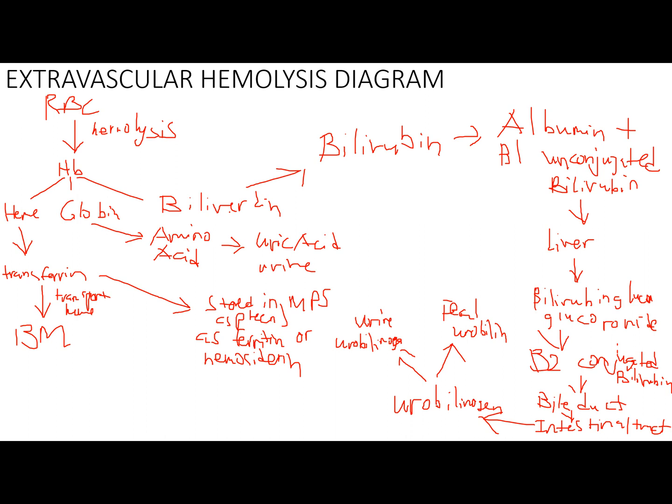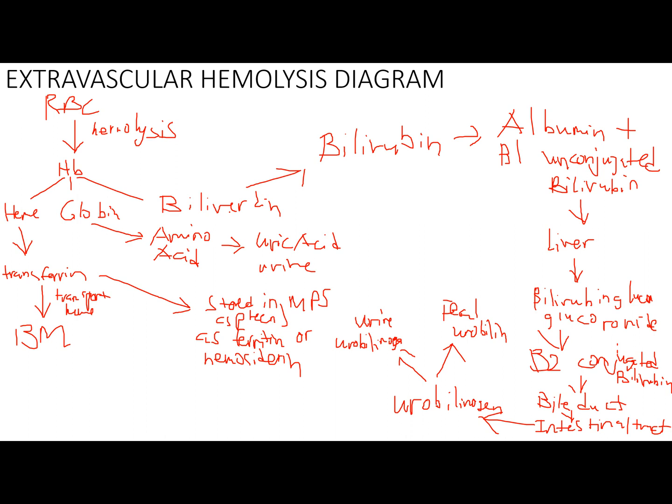So, ulitin ko. For extravascular hemolysis class, RBC class would be hemolyzed. And it would cause the release of hemoglobin. Since this time class, walang haptoglobin dyan, hemoglobin would be degraded into three products: the heme, the globin, and the biliverdin. Si heme class would now attach to transferrin, and it would transport into two ways.